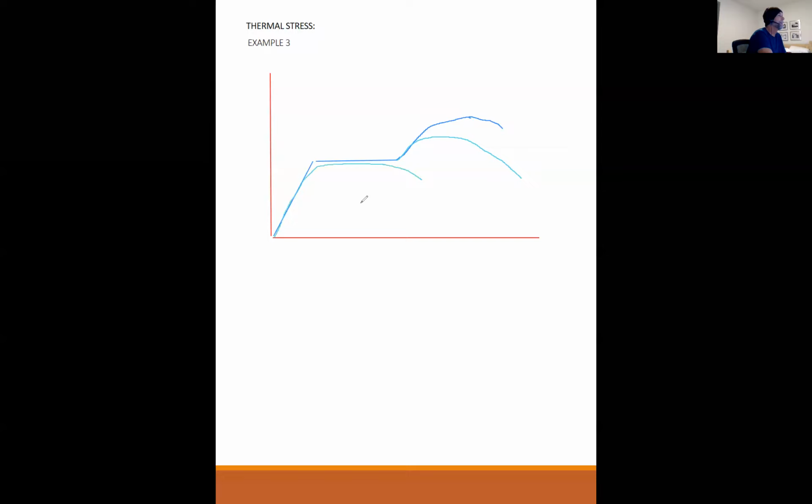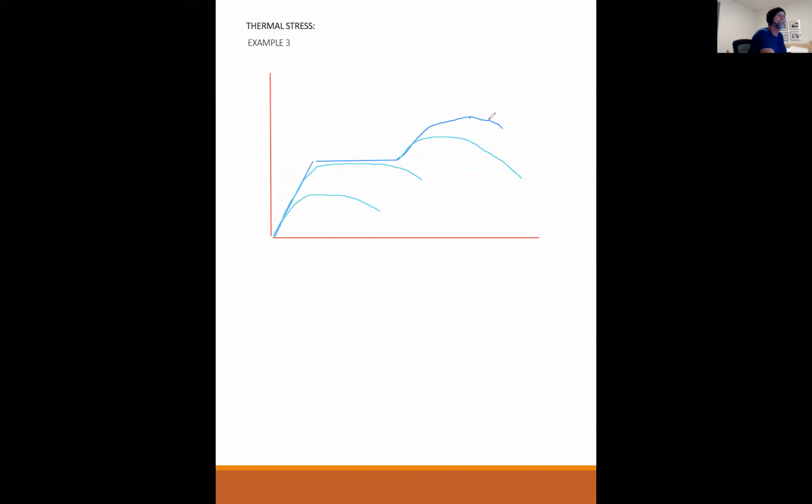Or you could have a sample that is really, really slender and you're not even going to make it anywhere near yielding before it buckles, and it would look like this. So the stress strain diagram for buckling changes the overall behavior to something like this. Thank you. Okay, perfect. On the tension side, of course, nobody ever buckles in tension.